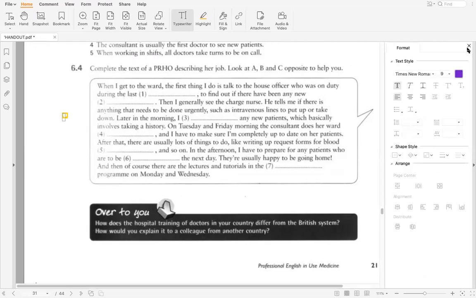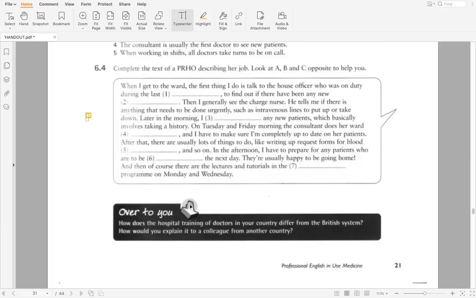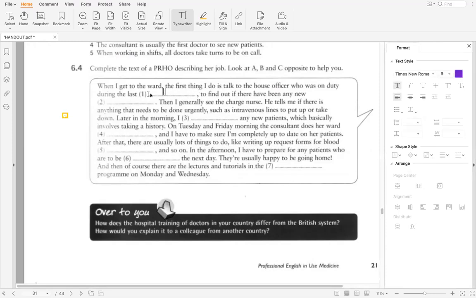When I get to the ward, the first thing I do is talk to the house officer who was on duty during the last shift to find out if there have been any new, the answer here will be any new what?